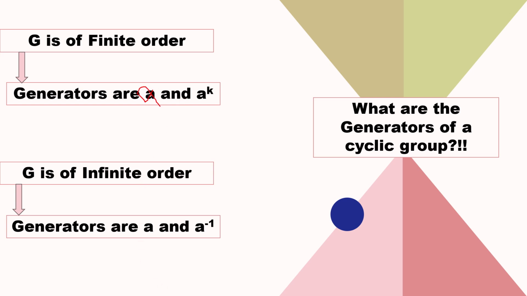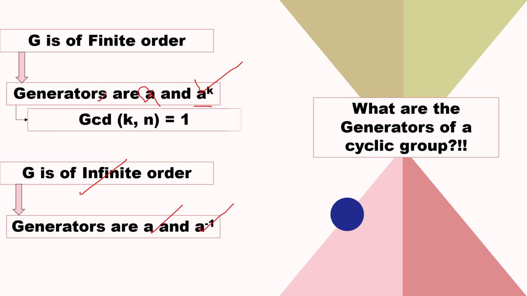We just say the generator is A raised to k. Okay, I think that's a typo. This is the first part of the theorem. The second part of the theorem says that for an infinite cyclic group, the generators are A and A raised to -1.